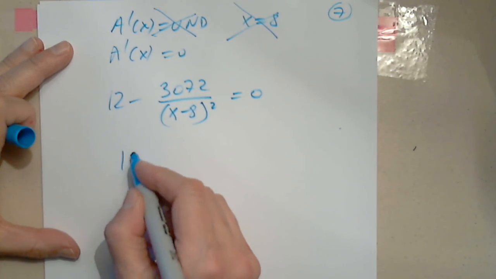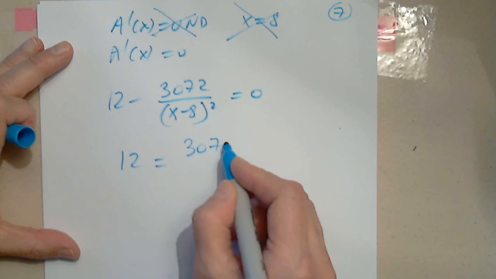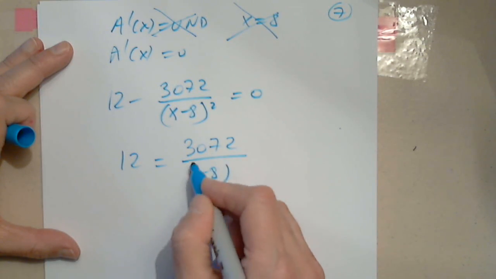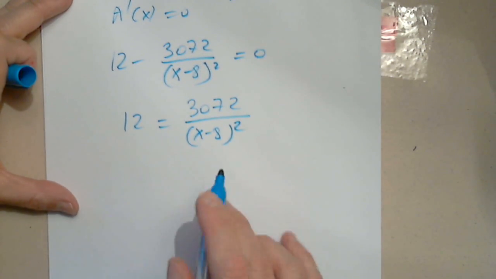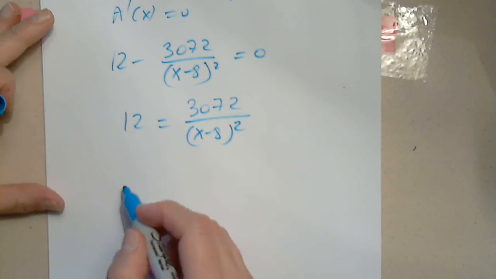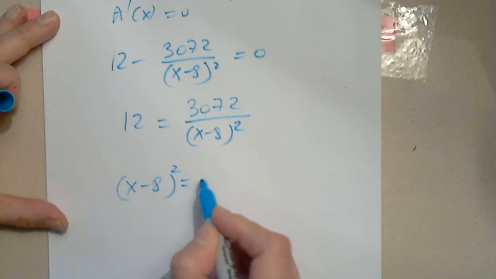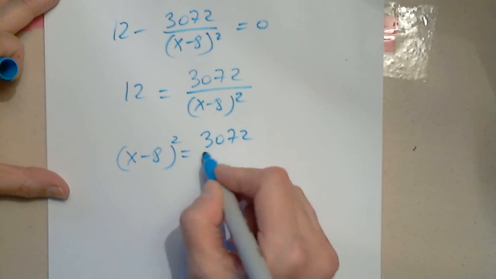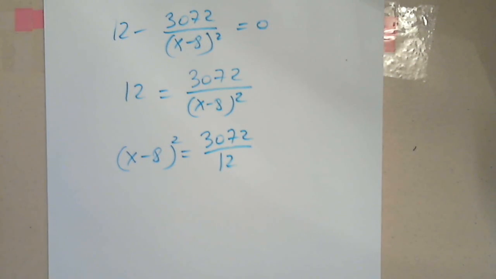I will separate, and I get this, and then cross multiply or swap these two. X minus 8 squared equals 3072 over 12. And what do I get when I divide? Maybe 3072 is divisible by 12. It is 256. That's wonderful.